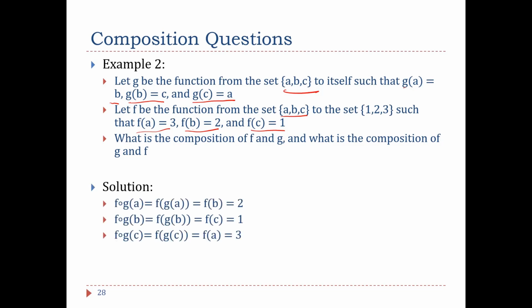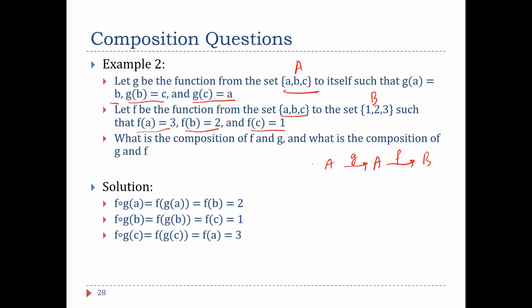So f round g is definable, because g goes from A to A, and then f goes from every element in A to every element in, let's call this second set, B. But the other way around, it's not possible.